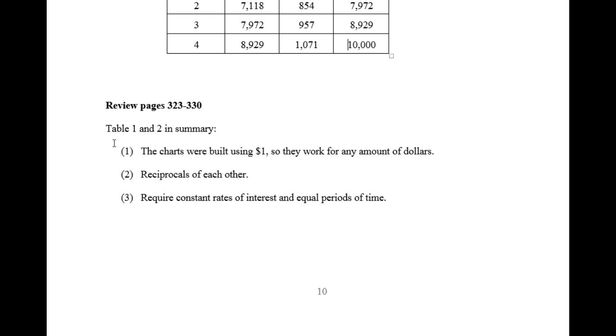But they do require a constant rate of interest and an equal period of time if you're going to use them, meaning you're always compounding annually, or always semi-annually, or always quarterly, and the interest rate doesn't change. If one of these three things breaks down, you can still solve problems using the tables, but you need to accommodate that in your approach.